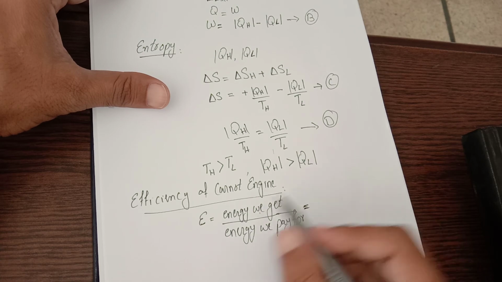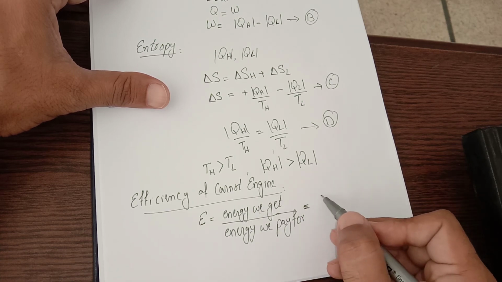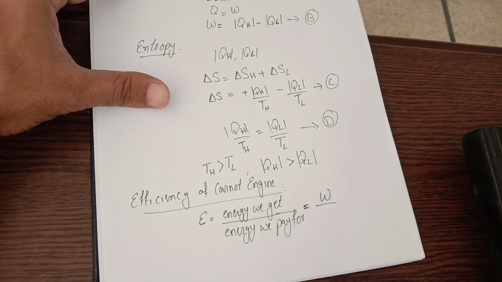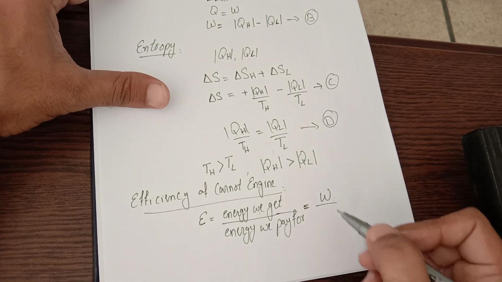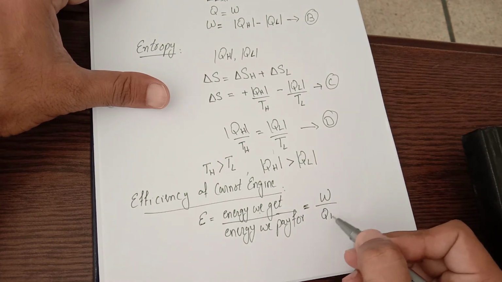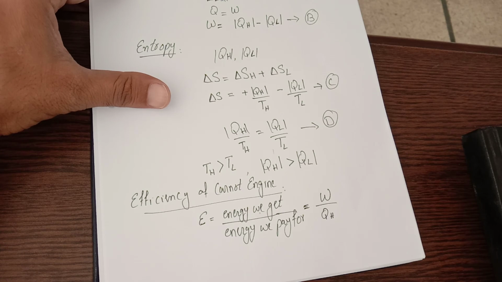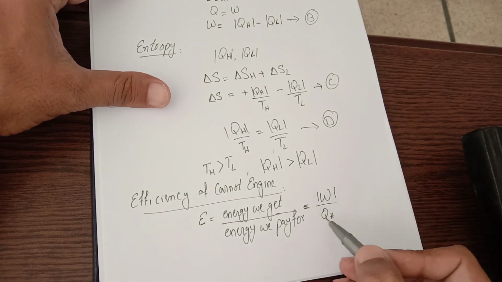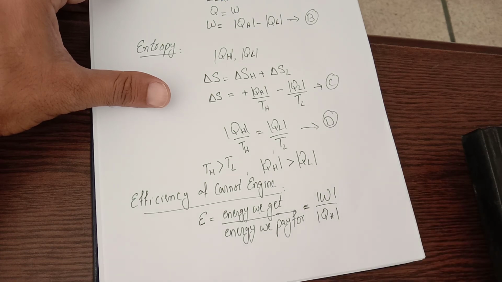The energy we get from this heat engine is W, and the energy that we pay for is QH. That is the amount of heat that is transferred from a high temperature reservoir to the working substance.